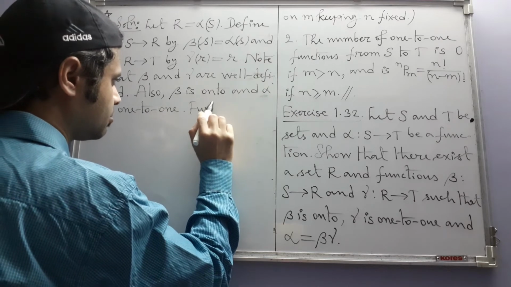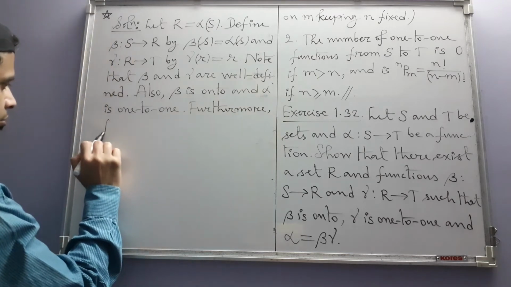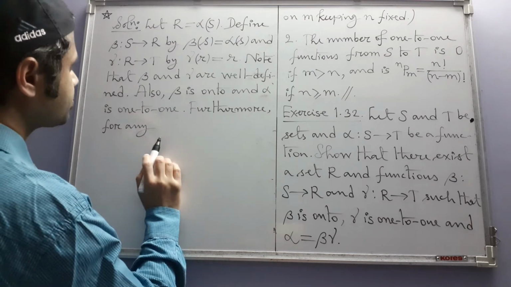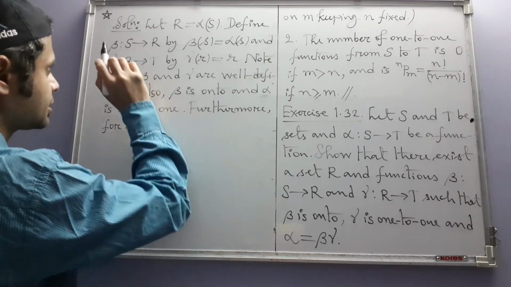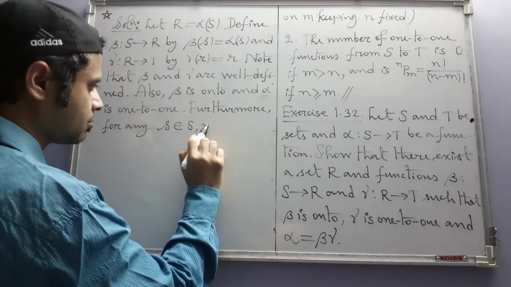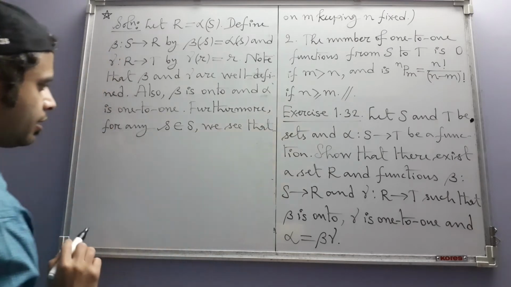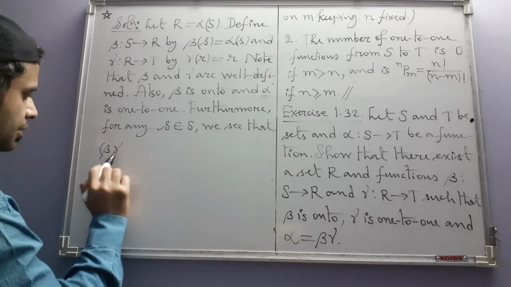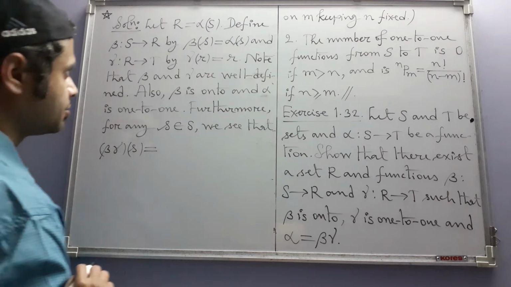Furthermore, we are starting from S now, so for any s belonging to S, we see that beta gamma s will be equal to what?